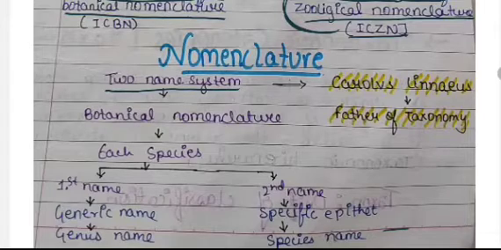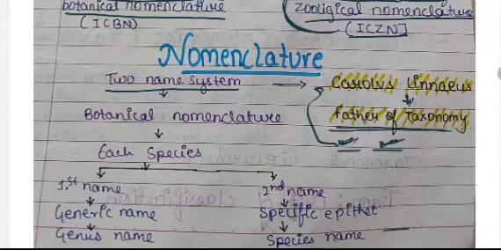As in our case most of us have two names, the first name and the second name, which is also known as the surname. Similarly, this idea was proposed by Carolus Linnaeus, and hence he is known as the father of taxonomy.